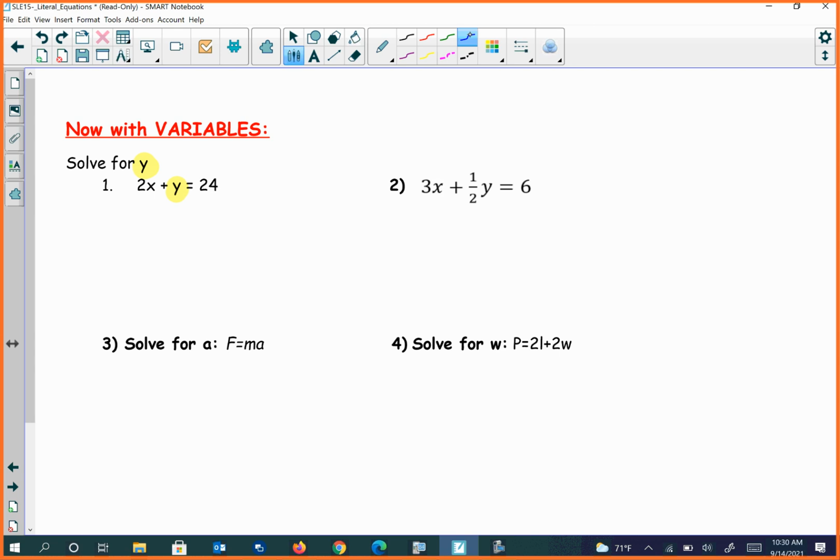First off, is it positive 2x or negative 2x that's up there on number 1? Positive 2x. So what undoes positive 2x? Negative 2x. Are you okay with me doing that? If I do that, it's going to clear it out on one side. I'm going to wind up with this. Now, hey, is that a positive 24 originally?